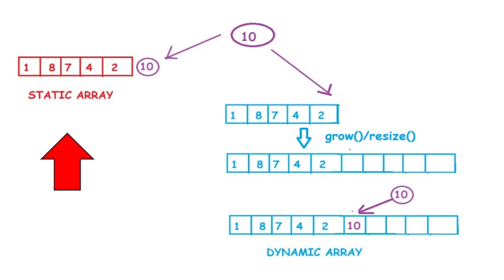So when the static array is full and you want to add a new element into the array, the element will not be added into the array and is gonna lie outside of the array. Whereas the dynamic array can grow or resize itself to double its current capacity, and the new element can be inserted into the first free block of memory. So in our scenario, which is the static array, if the memory limit is reached, you cannot insert a new element into the array.